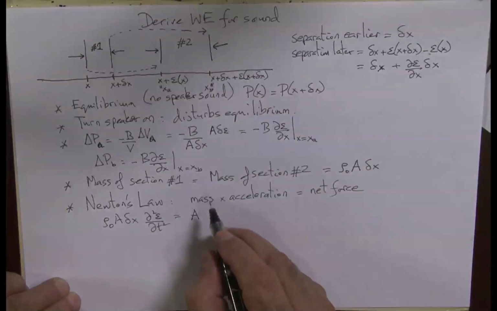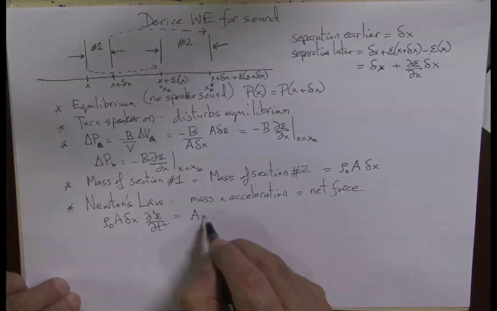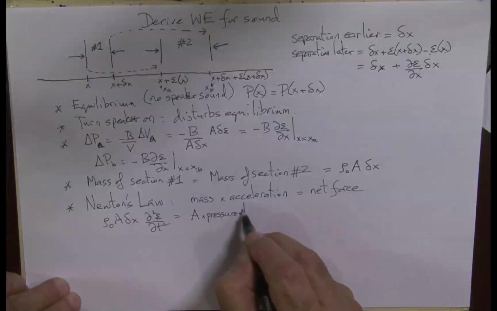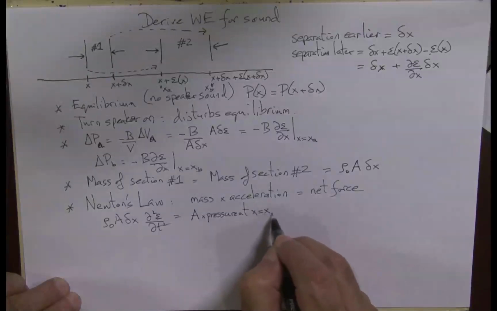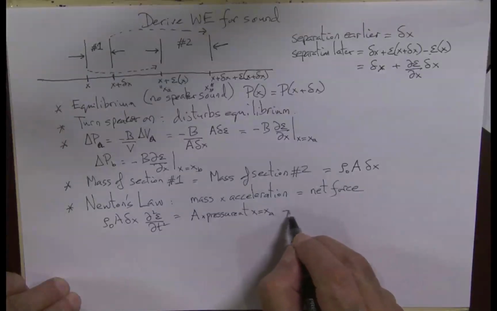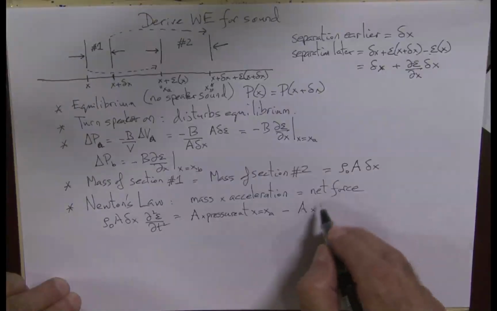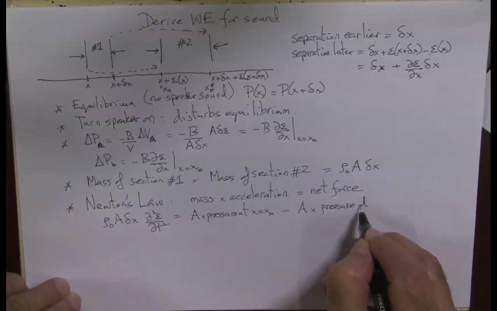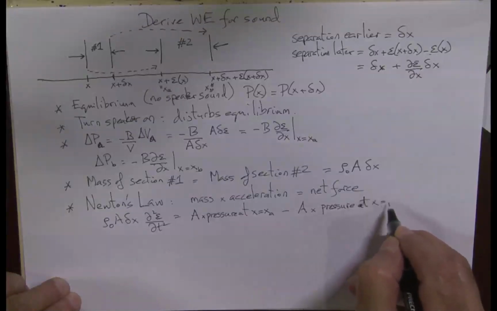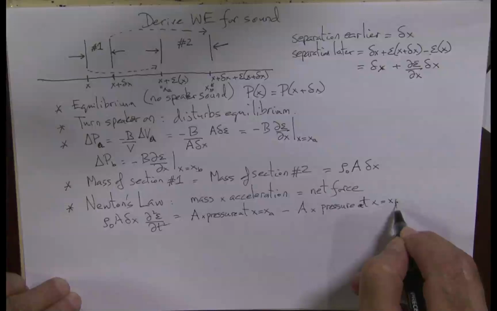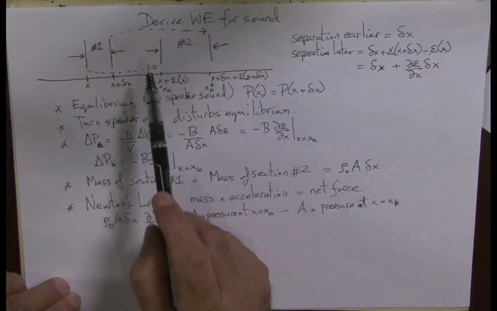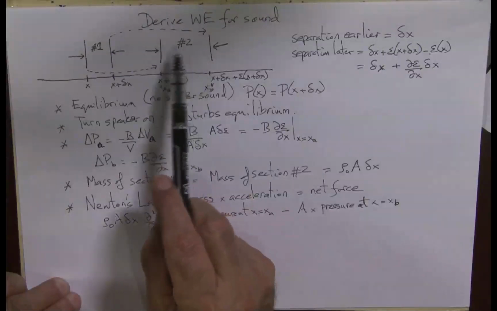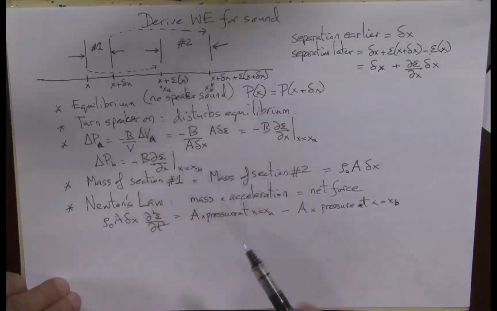So it's A into the pressure at x equal to xa minus A into the pressure at x equal to xb. So that will be the net force that is acting upon the atoms contained here.